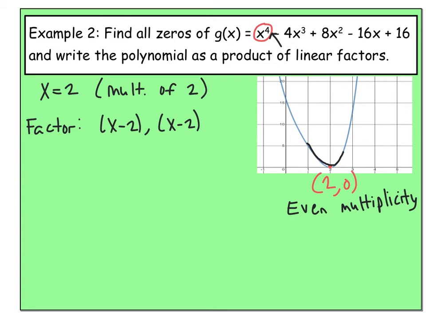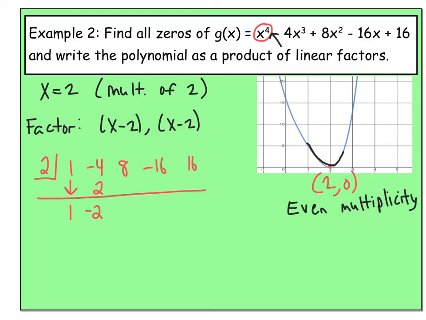So when we divide g of x by x minus 2, I'm going to use positive 2 in the box. My coefficients are 1 for the x to the 4th, negative 4x cubed, 8x squared, negative 16x, and then positive 16 for the constant. We'll do our synthetic process: bring the 1 down and multiply. Negative 4 plus 2 is negative 2.